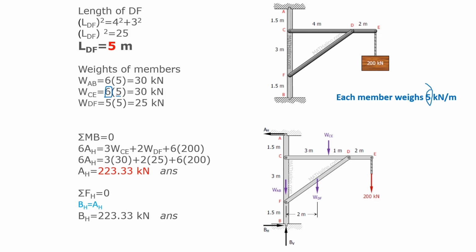The weight for 1 meter, the result is 30. And then weight of AB, A to B, again it is 6 meters, this is L 6 times 5 for 1 meter weight, it is 30 kilonewton. So we find the weights of the members. Now let's continue solving our problem by calculating the A and B forces.